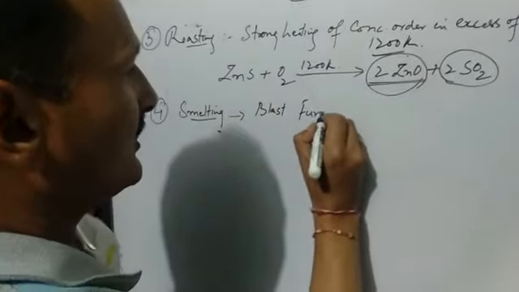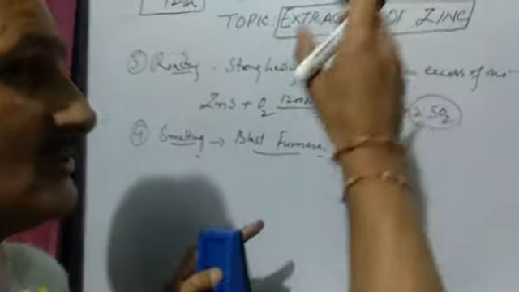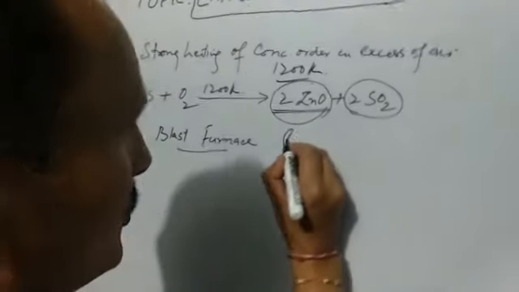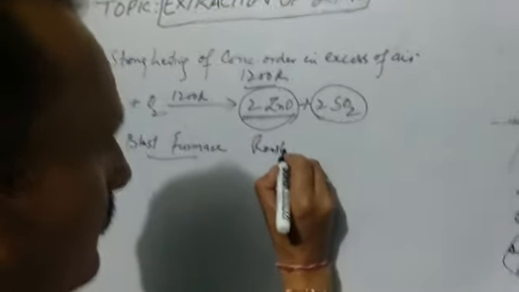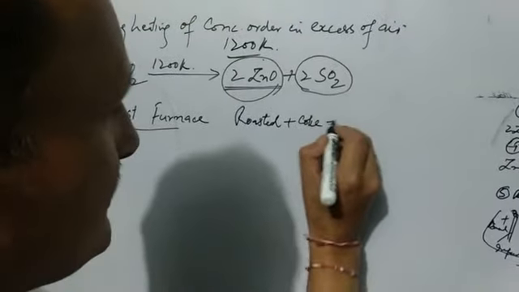If you remember, blast furnace had a cup and cone arrangement at the top, from which you can pour three things. That is your roasted ore, coke plus sand.